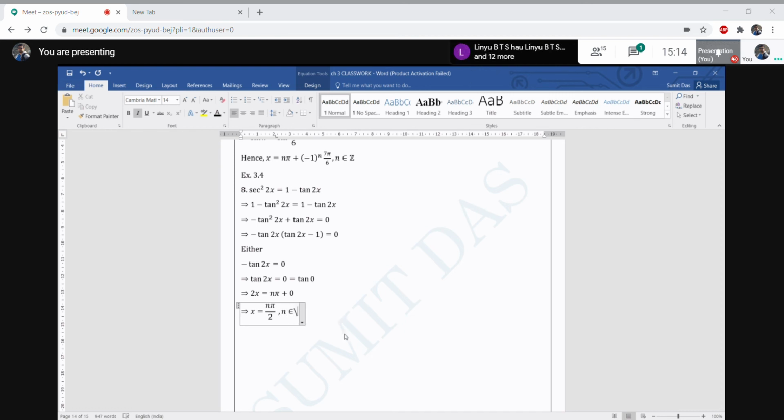Where obviously you have to write n belongs to real numbers. Okay, but don't forget the or part. This part was also included.